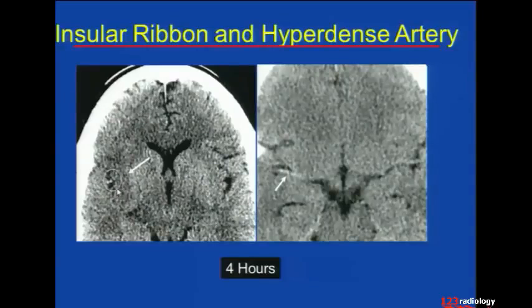And it's very helpful because on occasion, the only finding of a hyperdense artery is the presence of these little dots of MCA branches within the sylvian fissure. And they become very obvious because the background is CSF, so it's very dark. So the signal-to-noise ratio, or signal-to-background ratio, is very high.